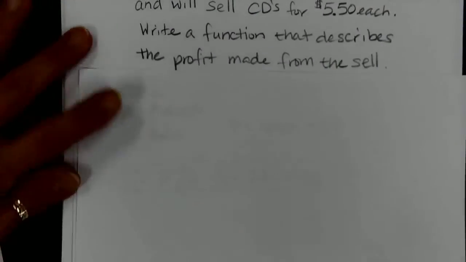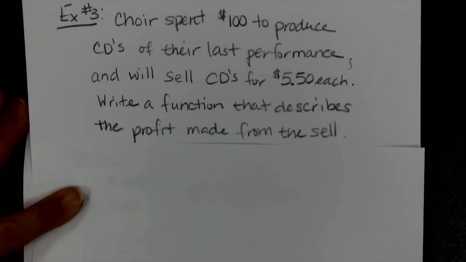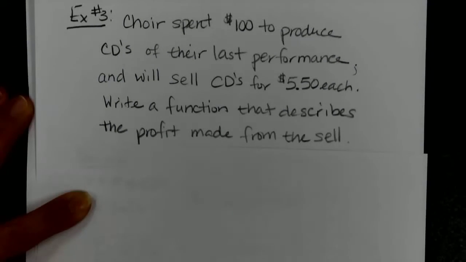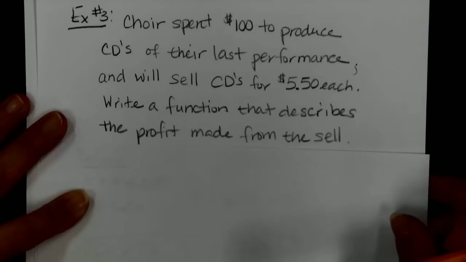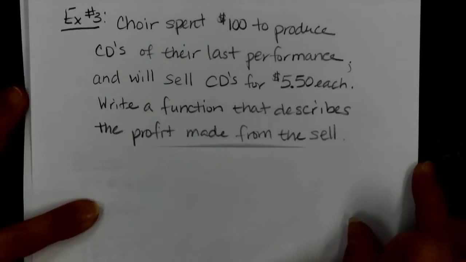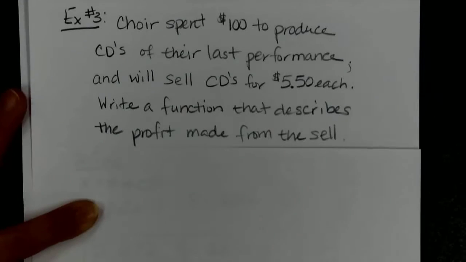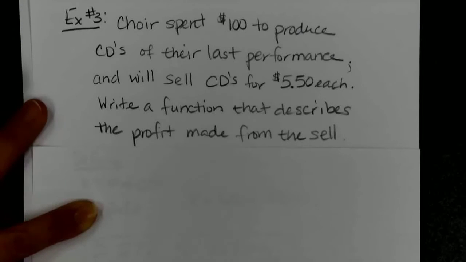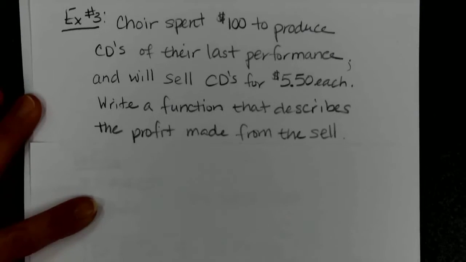And then in the last example, number 3, a choir spent $100 to produce CDs of their last performance and will sell the CDs for $5.50 each. The task is to write a function rule that describes the profit made from the sale.